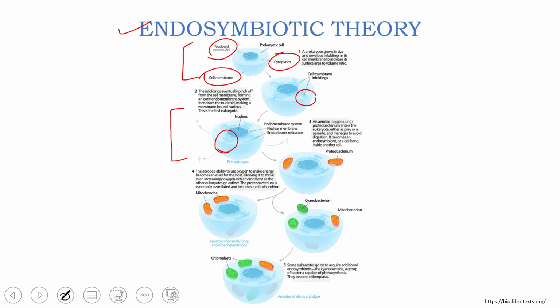Now, this eukaryotic cell further engulfs an aerobic proteobacterium. Aerobic means oxygen using. So, an aerobic proteobacterium is engulfed by this cell. The ability of this proteobacterium to utilize oxygen for energy production is utilized by this eukaryote for its survival.